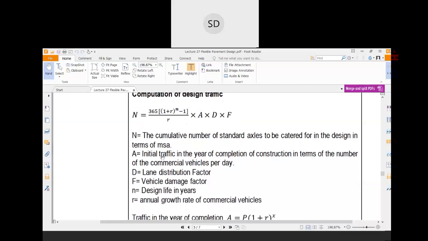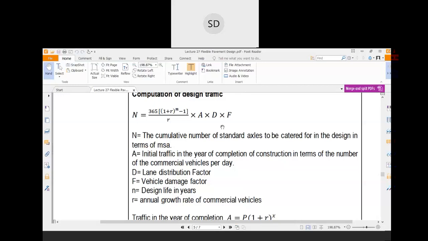Okay, so A is the initial traffic in the year of completion of construction in terms of number of commercial vehicles per day. So suppose you are designing a road in the year 2020. Now the total construction would be completed, suppose, in 2023.